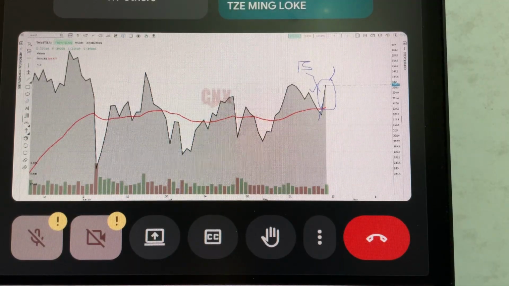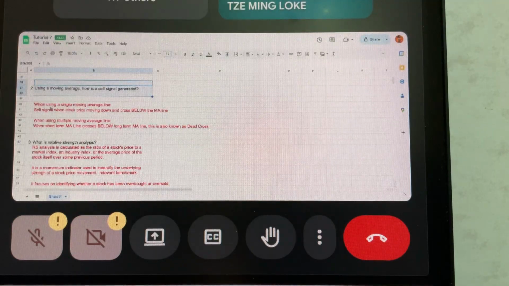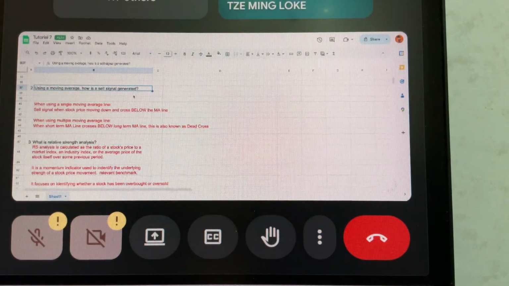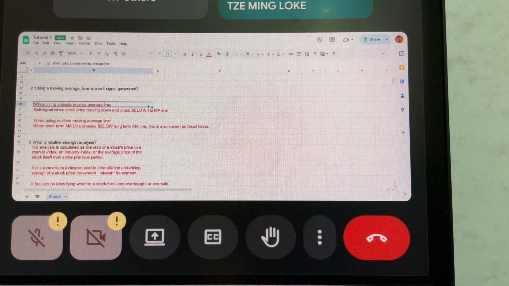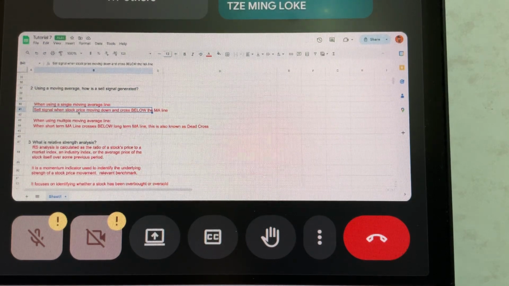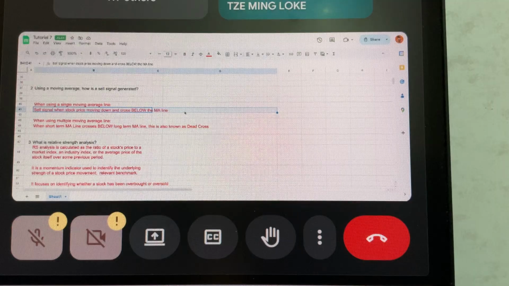So the question asks, how is the sell signal generated? When using a single moving average line, exactly like what I did just now, I use only one line. The sell signal is when the stock price is moving down and crosses below the moving average line. MA is moving average.